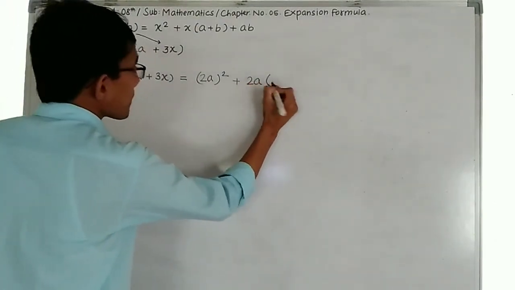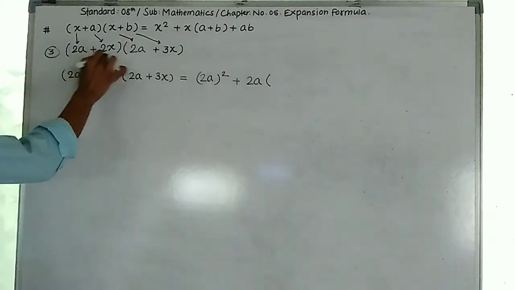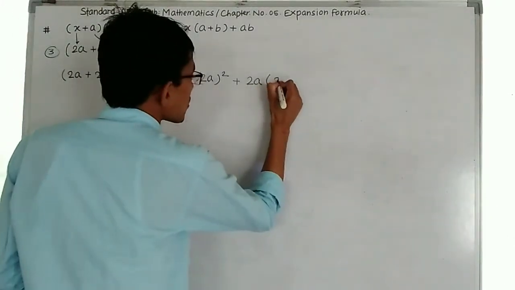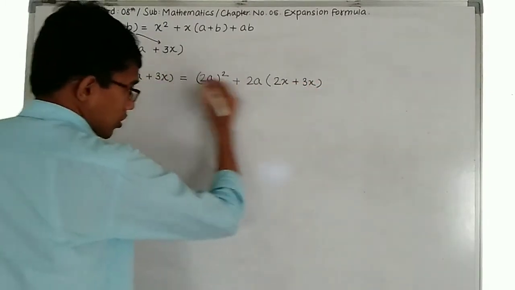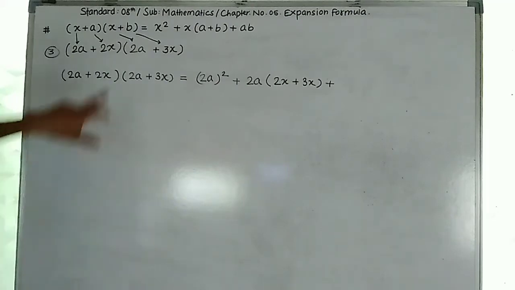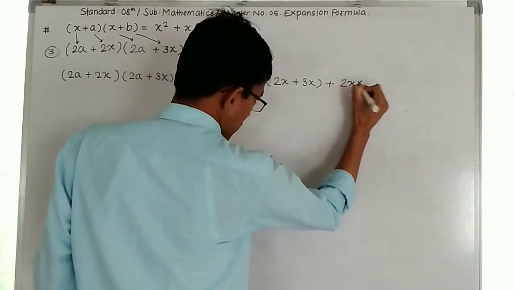2a and a plus b, so my a is 2x and b is 3x, so 2x plus 3x. Okay, plus ab, so my a is 2x and b is 3x, so 2x into 3x.